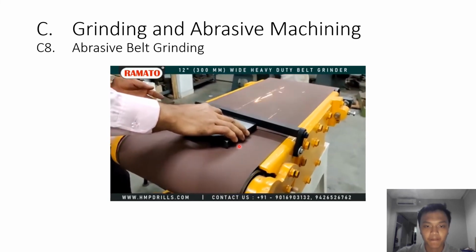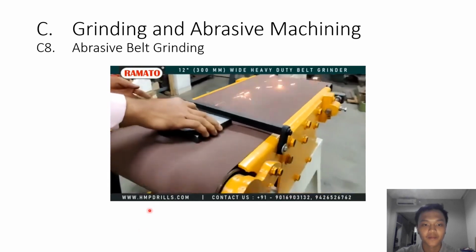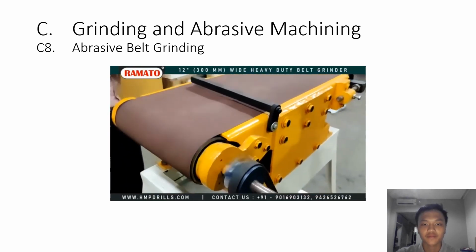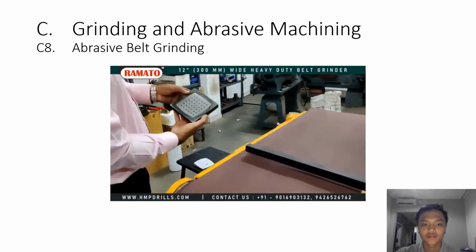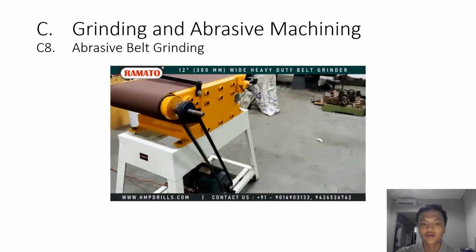This is the process. It's done manually. This is the result of the abrasive belt grinding.